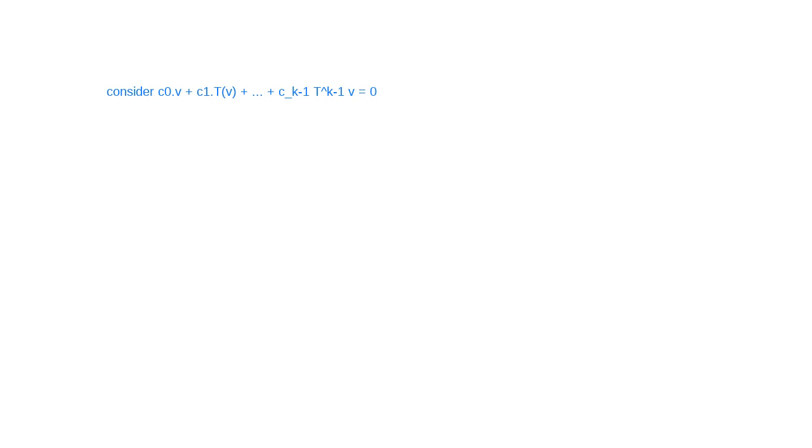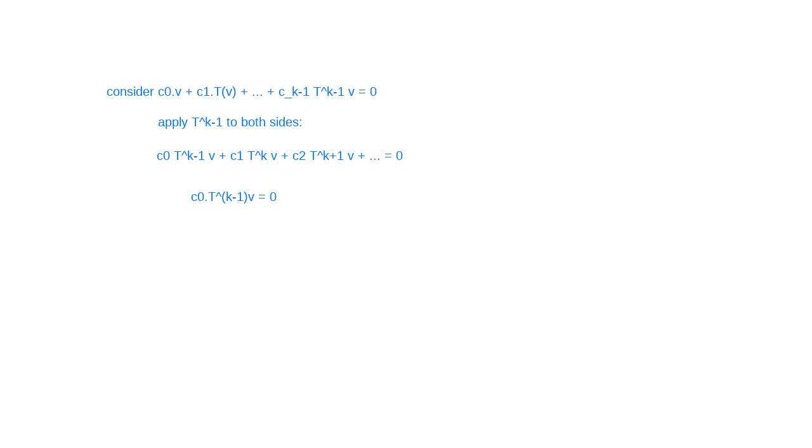If I apply t to the k minus 1 to both sides, on the left-hand side I have c0 t to the k minus 1 of v plus c1 t to the k of v plus c2 t to the k plus 1 of v, and so on. On the right-hand side, I have t to the k minus 1 of 0, which is just 0. But t to the k of v is 0, t to the k plus 1 of v is 0, and so on. So this simplifies to just c0 times t to the k minus 1 of v equals 0.